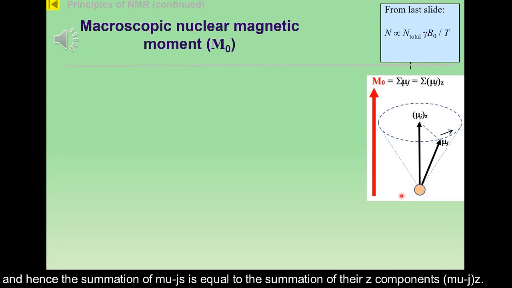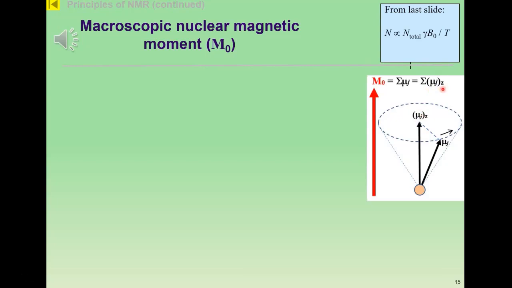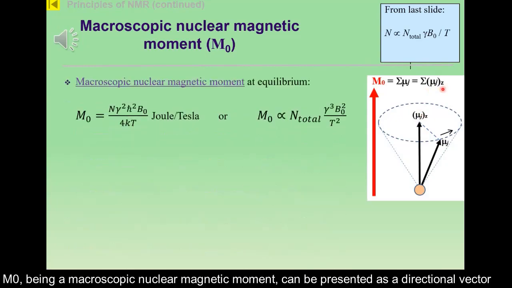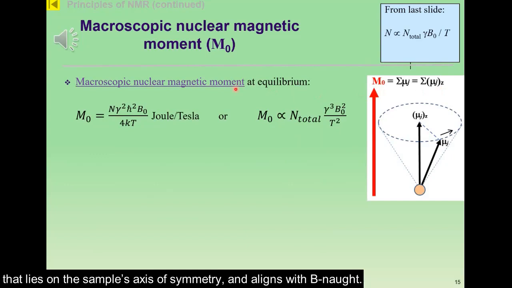And hence, the summation of mu js is equal to the summation of their z component, mu jz. M0, being a macroscopic nuclear magnetic moment, can be presented as a directional vector that lies on the sample's axis of symmetry and aligns with B0.